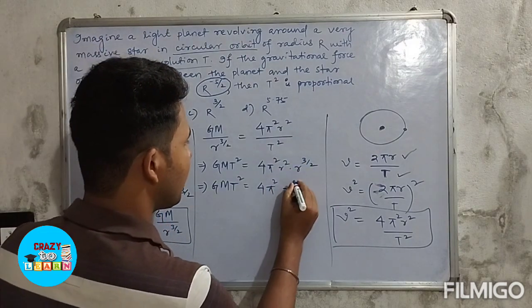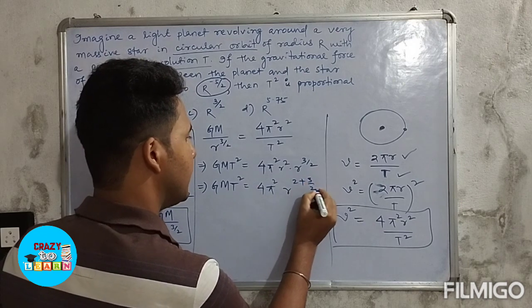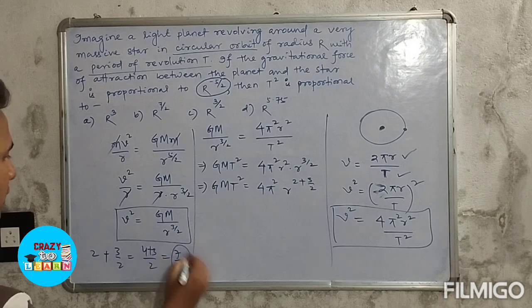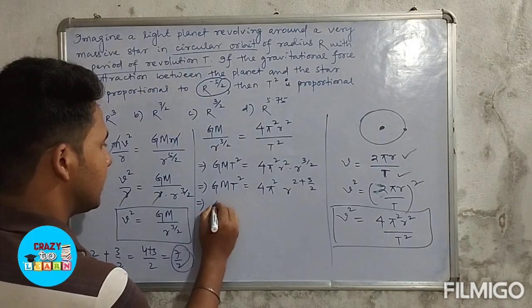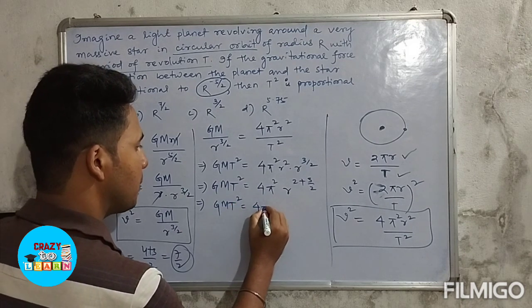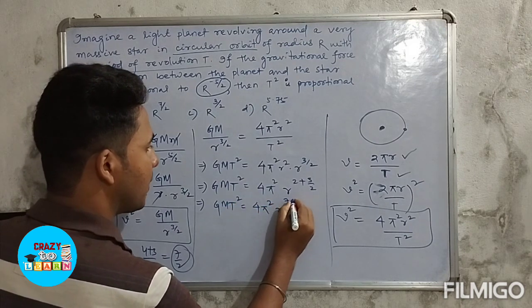So what will be the power of r? 2 plus 3 by 2. What is 2 plus 3 by 2? It is 4 plus 3 by 2, it is 7 by 2. So we are getting capital G capital M T square is equal to 4 pi square r power 7 by 2.